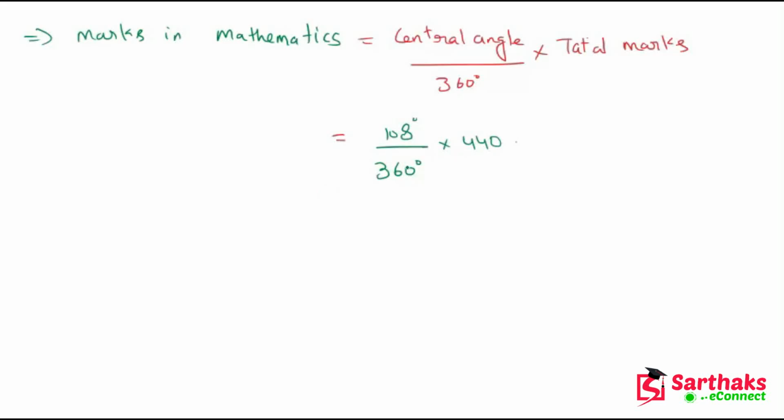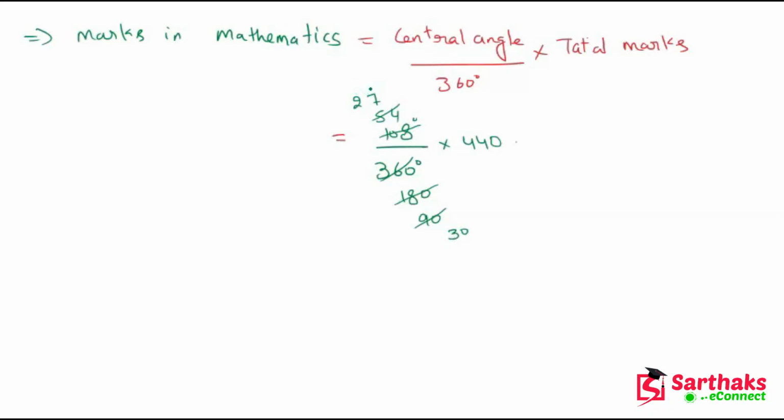Understand? Yes, now we can divide 360 degree by 2. In how many times? We can divide it as 180 times, and we can divide 108 by 2 in 54 times. Again we can divide 180 by 2 in 90 times, and we can divide 54 by 2 in 27 times. Okay, now here we can divide 90 by 3 in 30 times.